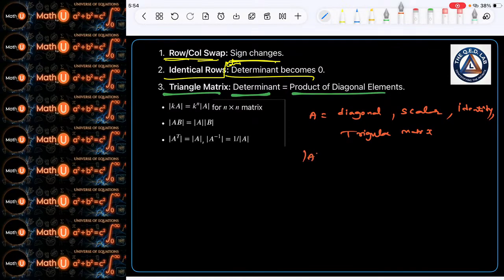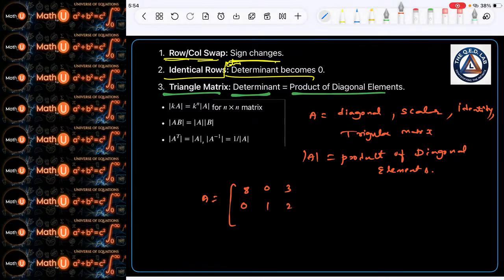Determinant of A is equal to product of diagonal elements. You should remember this one. For example, if the matrix is given like this, 8 0 3, 0 1 2, 0 0 minus 1.